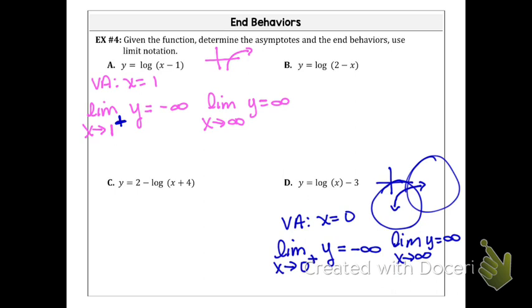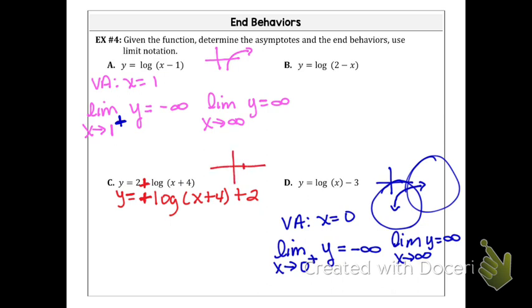Now C combines like A and D. So C says, first this is the same thing as saying negative log of x plus 4 and then a plus 2. So it's got a lot of different stuff going on there, okay? Well, my answer key is different, all right, so your problem says a plus here. So let's go with yours. So here we're just showing that our graph's going to move to the left 4 and it's going to go up 2.